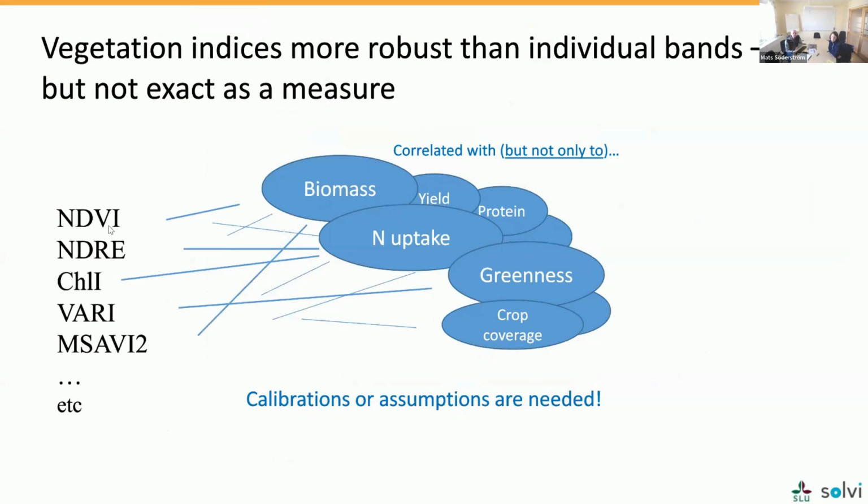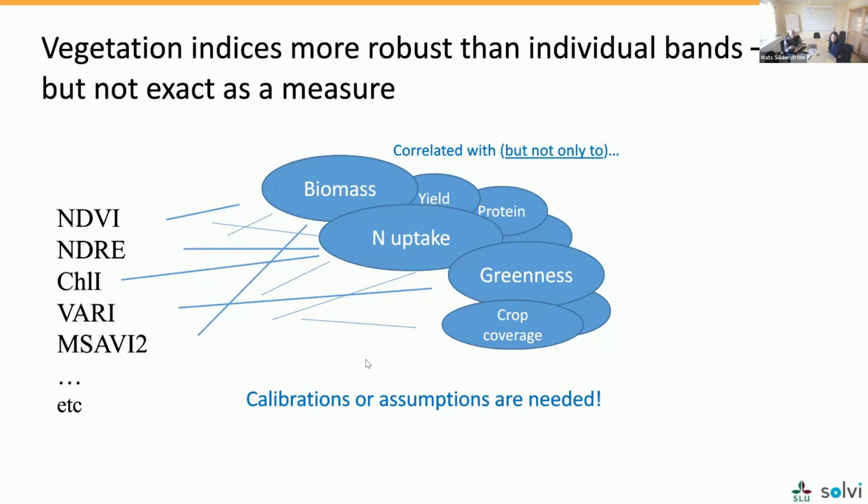NDVI can be used for many things, but it's mostly efficient, maybe compared to other indices, for biomass, and some other index is very efficient for nitrogen uptake in a crop. But still, they are very correlated to each other, so they are not really a perfect measure of a certain crop property. You can expect that everything is correlated with each other, but to a different degree.